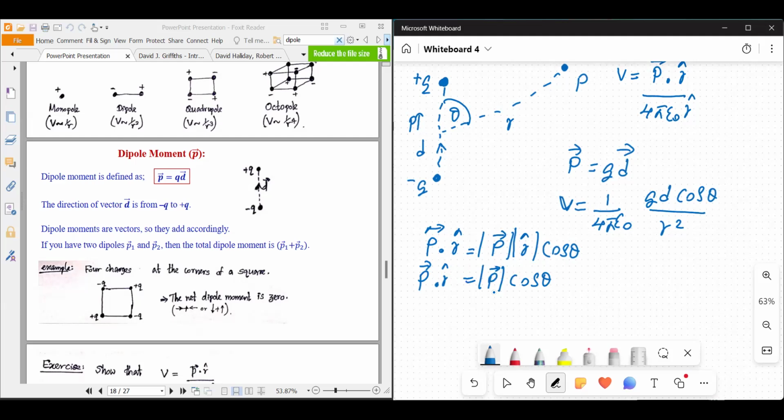And the magnitude of this dipole moment we can write q times d magnitude cos theta. So we have q, magnitude of d is d cos theta.